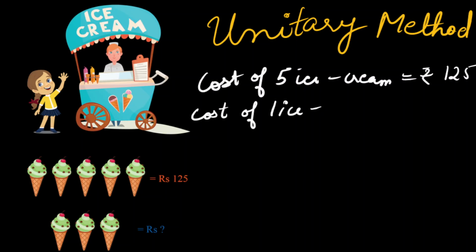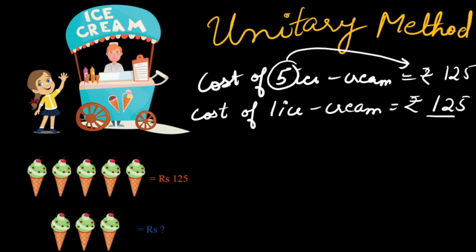How will we find it? We'll divide 125 by this 5. So 125 divided by 5 is the cost of one ice cream. So the first step is division. Don't forget, the first step is division.